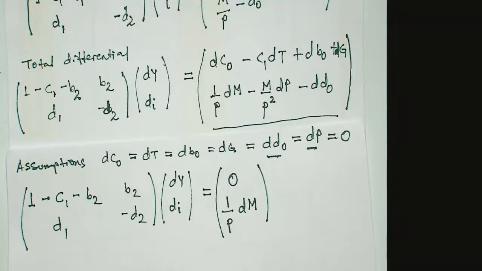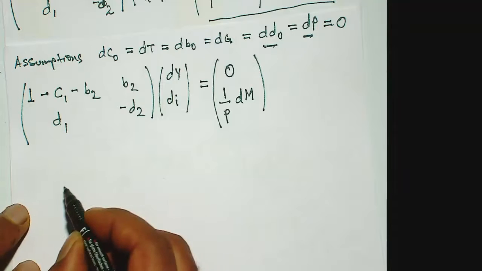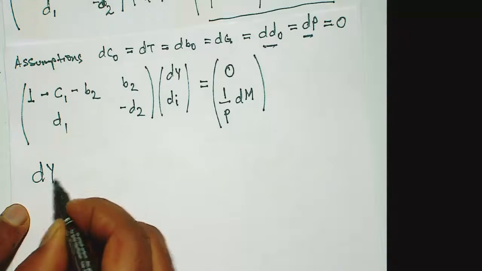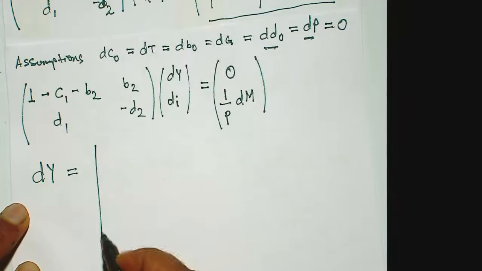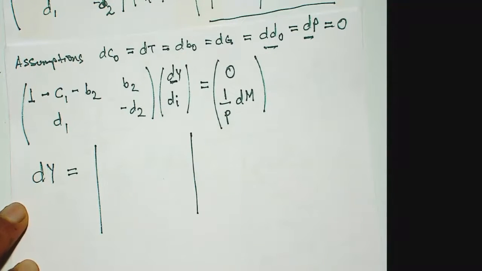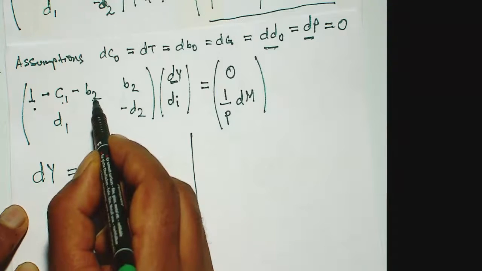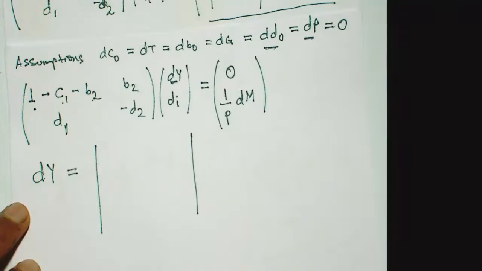Now the next step that we are going to do is to identify our determinant and to solve for dy and di. So for dy, our determinant would look like, first I would have the coefficients of dy in this case, which are 1 minus C1 minus B2 for the IS curve and D1 for the LM curve, and I would replace it with our B matrix here.